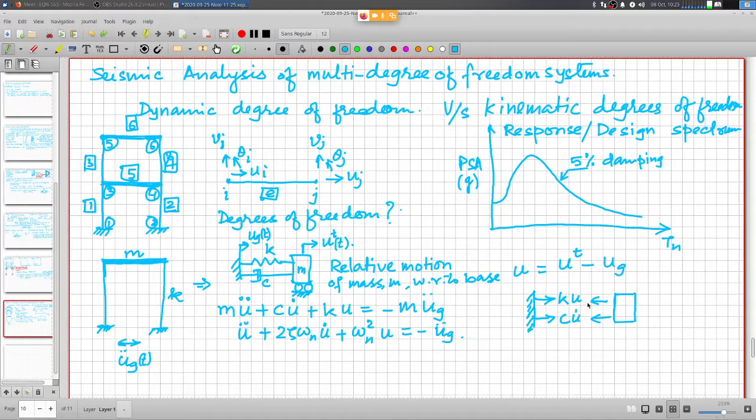So these are the action reaction pair of the spring force in this spring as this mass moves. So as the mass moves towards right, there will be a pullback.